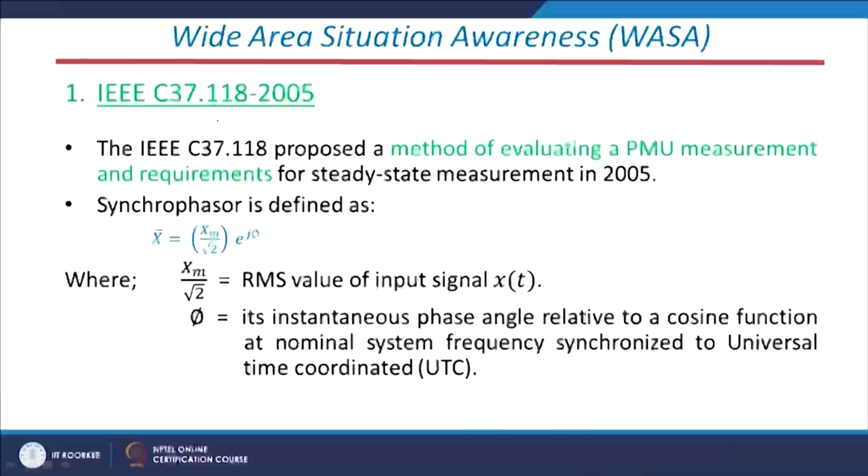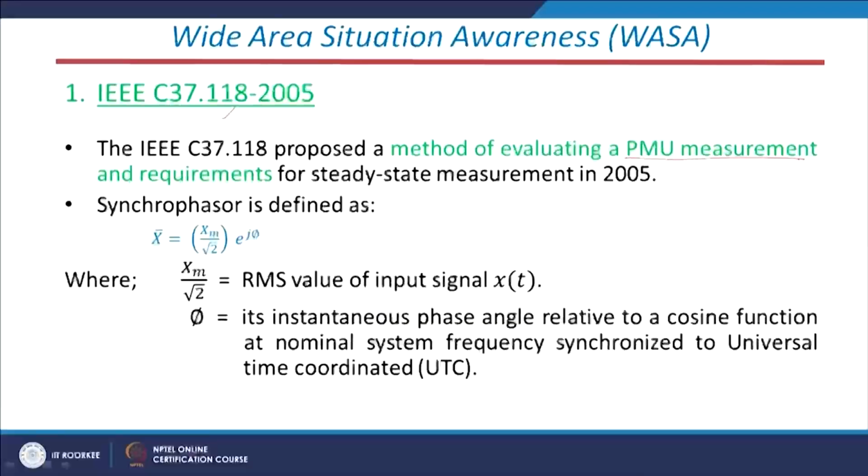Here there are some standards. The standard name is IEEE C37.118, and this standard was framed in the year 2005, and is designed for PMU measurement. PMU stands for phasor measurement unit.